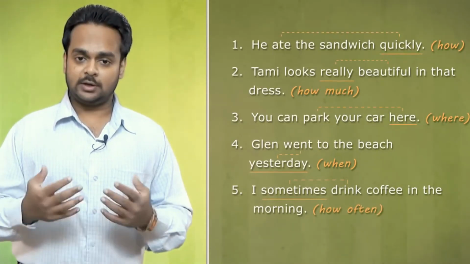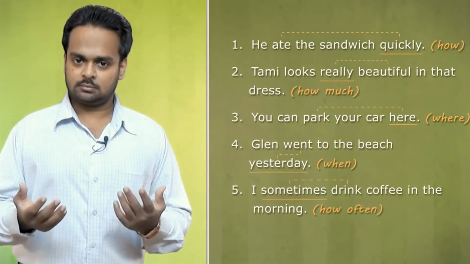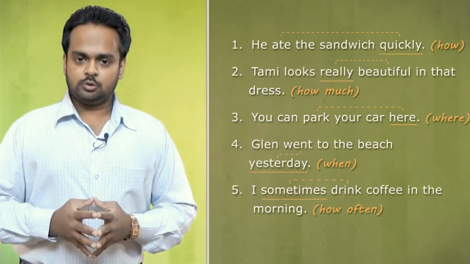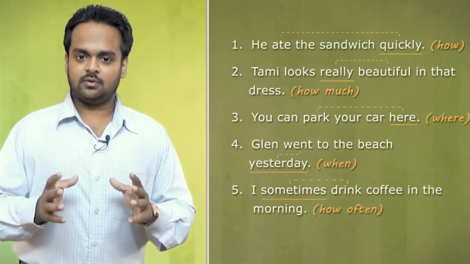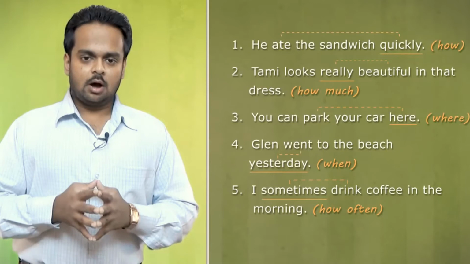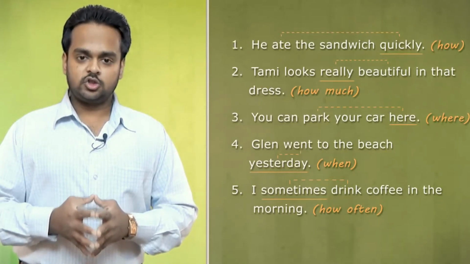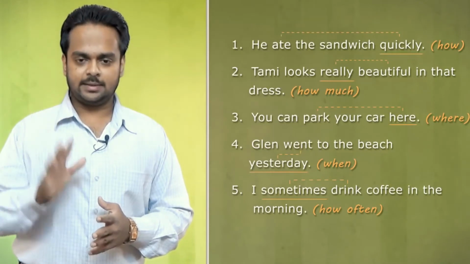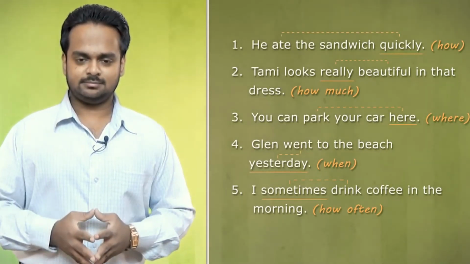How often do I drink coffee? Every morning? No, only sometimes. So here, you see all the different things that adverbs can do. And based on these functions, or the different jobs that they do, adverbs are divided into 5 common types. Let's talk about that.